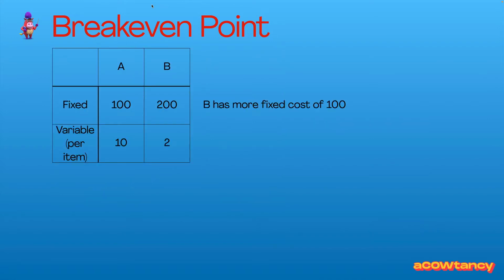B has more fixed costs of 100, but is making less variable costs of 8. So how many individual units, when I save 8 each time, do I need to make before it evens itself up? It's just 100 divided by 8, 12.5 items. After 12.5 items, B will then start being cheaper than A because it's got a cheaper variable cost per unit.